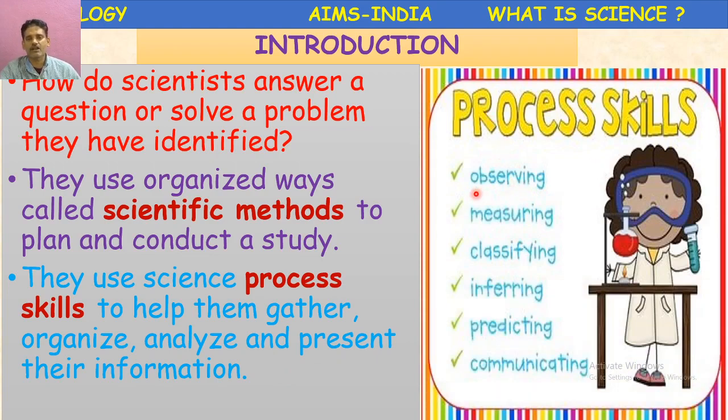Main process skills are observing, measuring, classifying, inferring, predicting, communicating. Most of these process skills are useful in science. So science process skills we are going to discuss today.